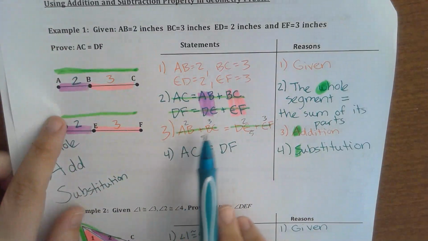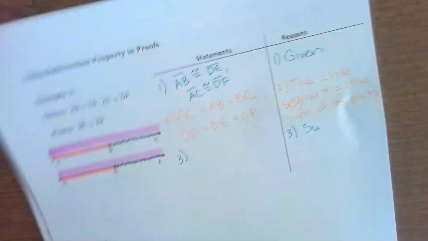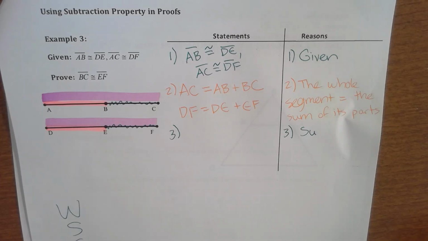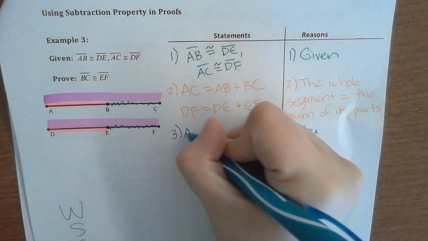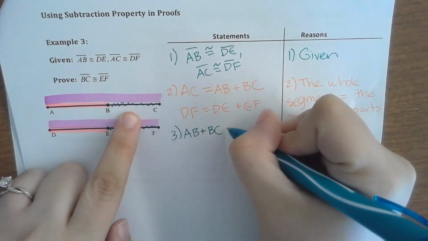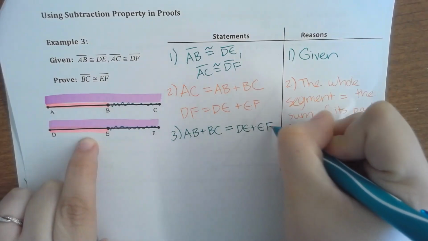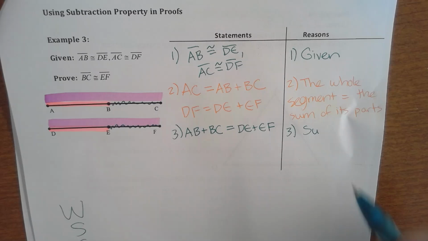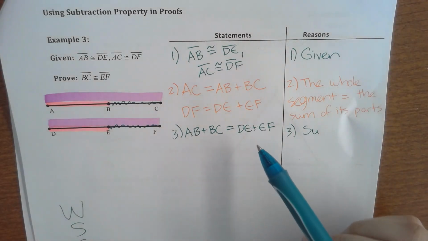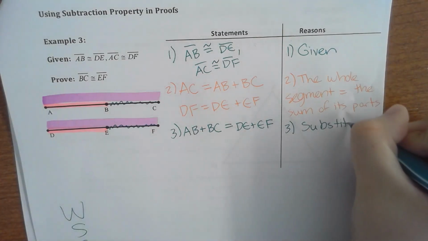On the other page, we added the parts equals added the parts. But our reason is different over here. So I'm going to say AB plus BC equals DE plus EF. But this time, I know that's true because of substitution.